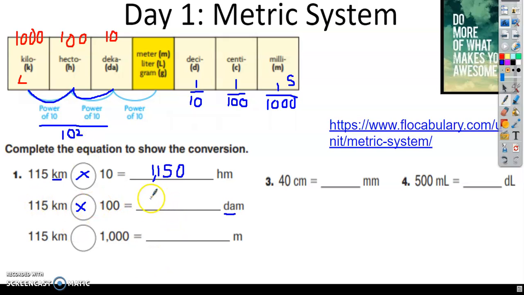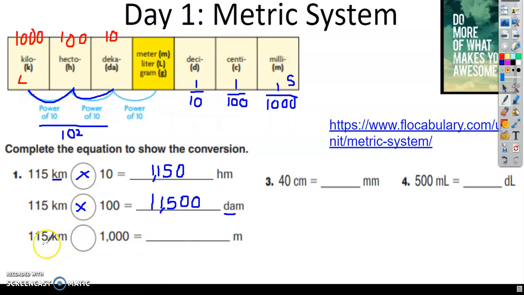So if I multiply that by 100, that means if I had 115 kilometers, I would have 11,500 decameters. I hope everyone is starting to be able to see the pattern. Please remember that this pattern changes when we're working with decimals, which often comes in with our smaller numbers.